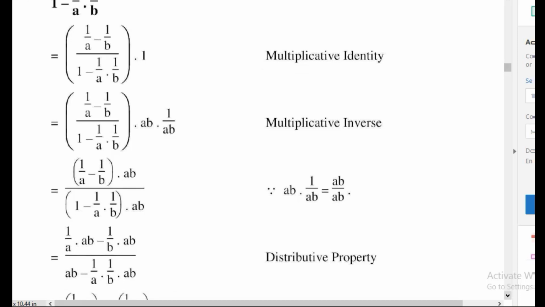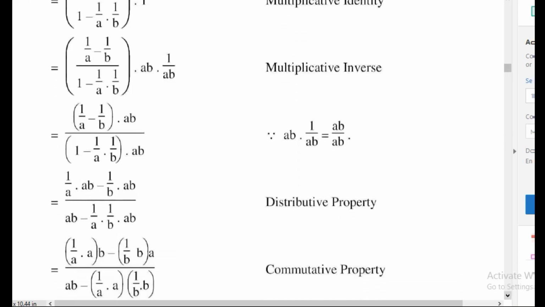So 1/a dot a into b minus 1/b dot b into a, divided by ab minus 1/a dot a into 1/b dot b.